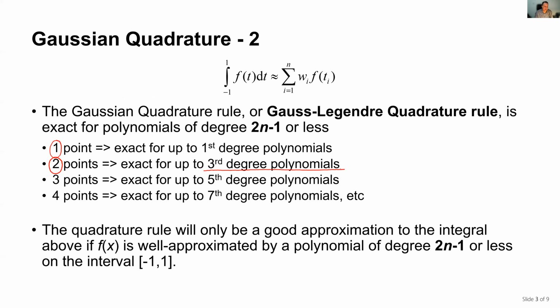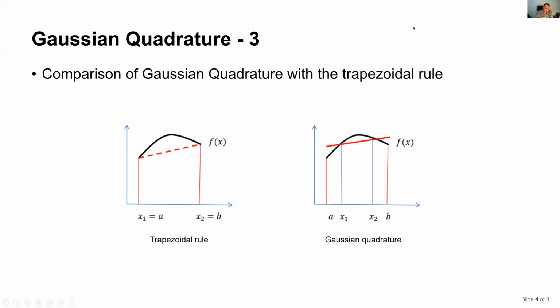And similarly, with 3 points, we can approximate exactly polynomials up to fifth order. And by using 4 points, we can go up to 7th degree polynomials. And it goes on. So a quadrature rule will work very well if my function f is well approximated within this interval by a polynomial of degree 2n minus 1. In this case, I can get very good results.